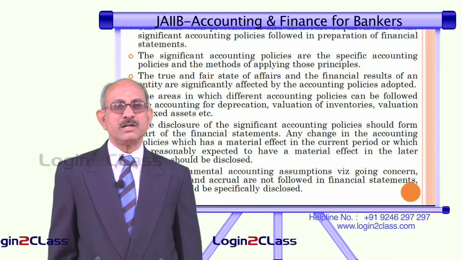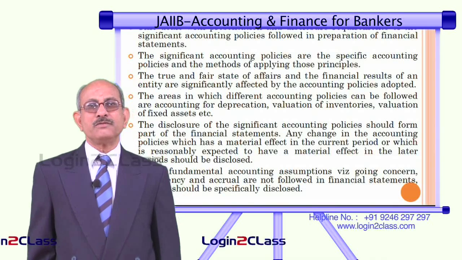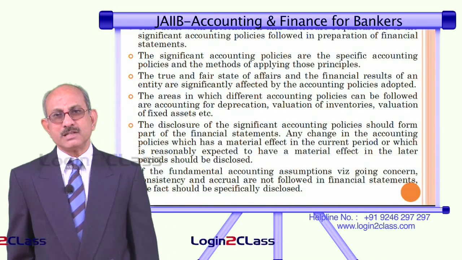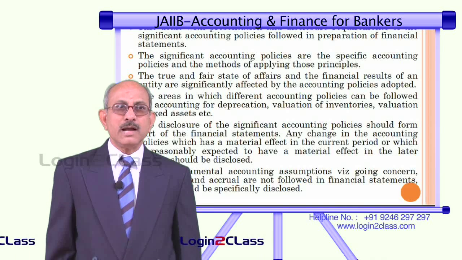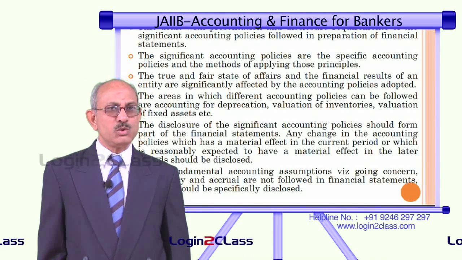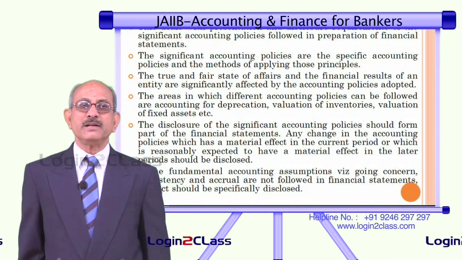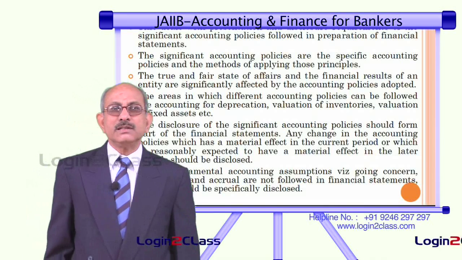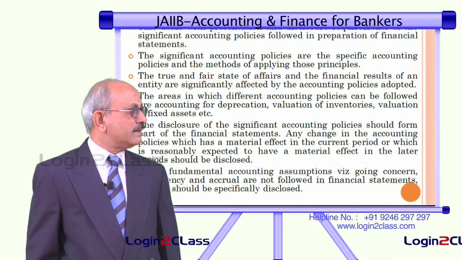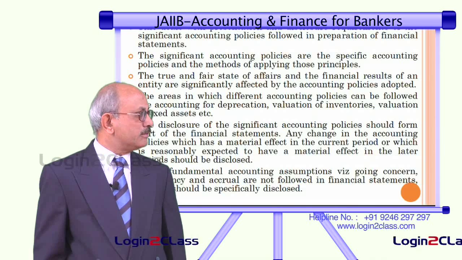That means that has to be quantified. They have to state that the profit of the entity would have been so much more had they continued to follow the old system of depreciation, and they also quantify that in future also this will be different. So, this kind of quantification also becomes necessary.